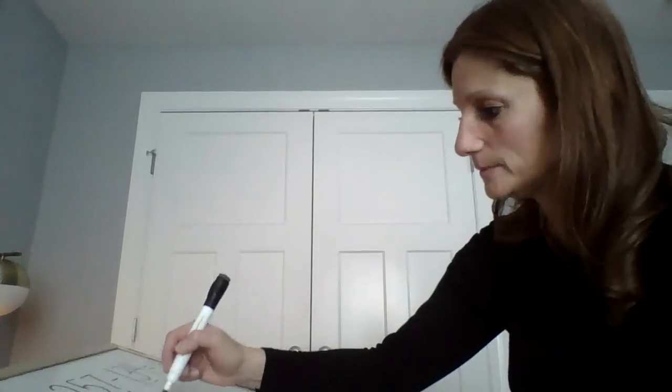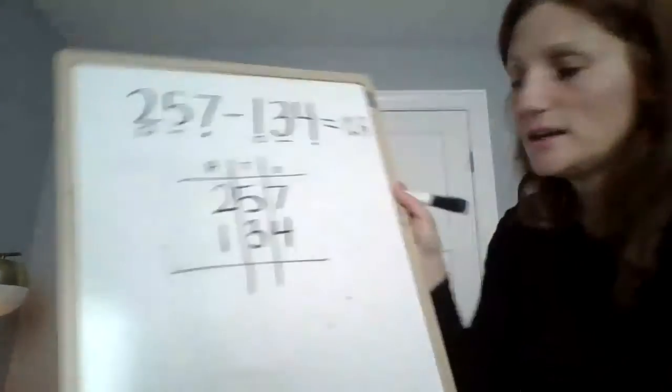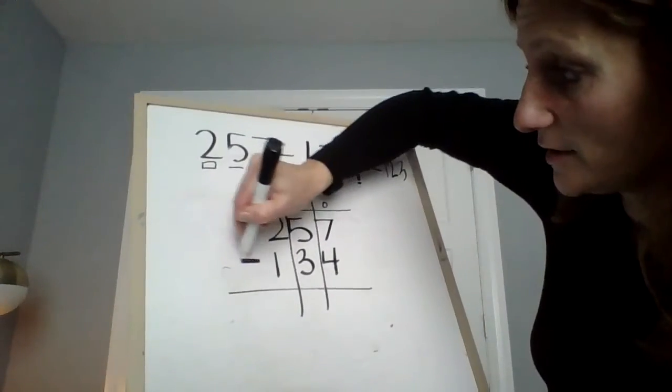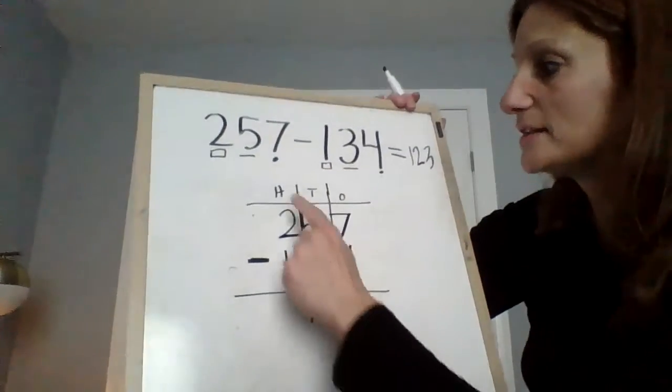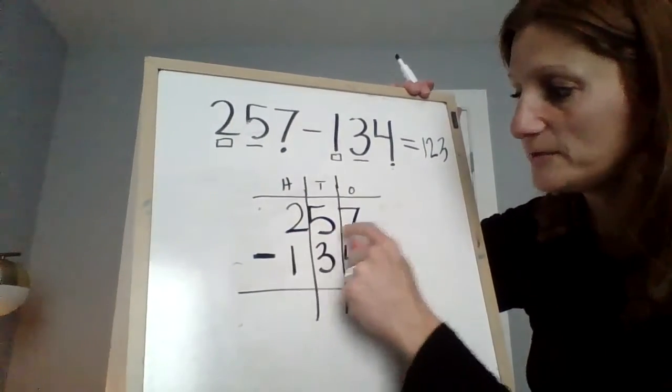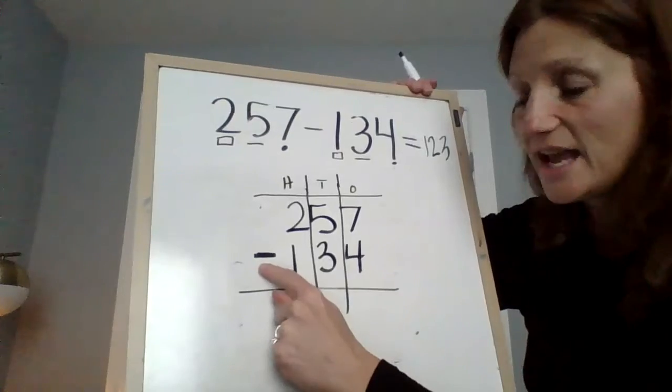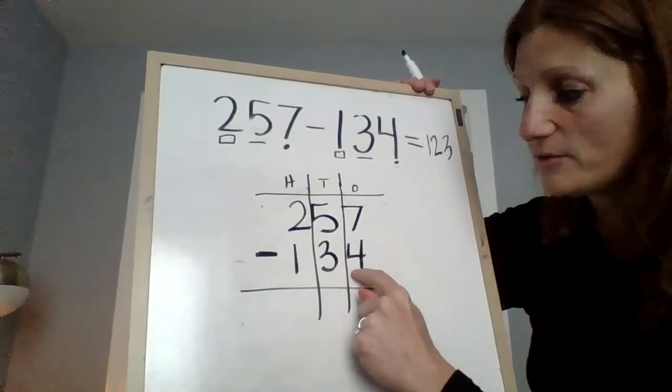Okay. So it looks like this. We better put our sign over here because we always want to make sure we perform the correct operation. All right, so we have 257, and we're going to take away 134.